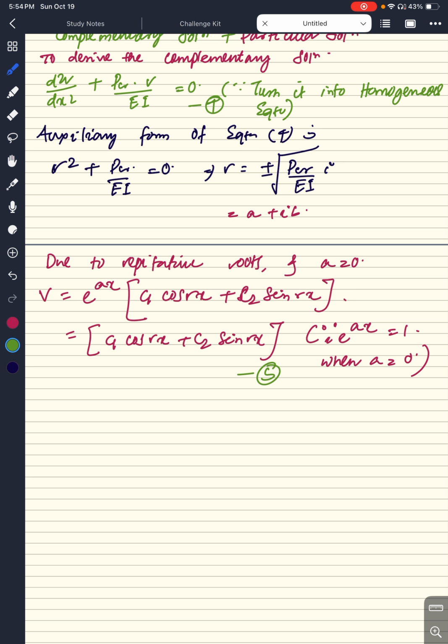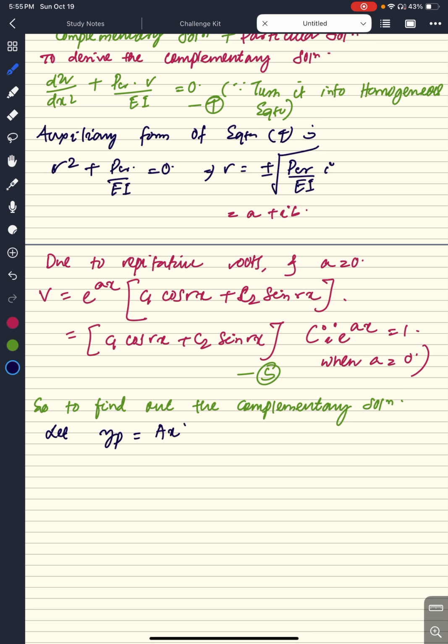Then we need the particular solution. To find the particular solution, let yp be equal to ax square plus bx plus c, which is in the format of a second order differential equation.